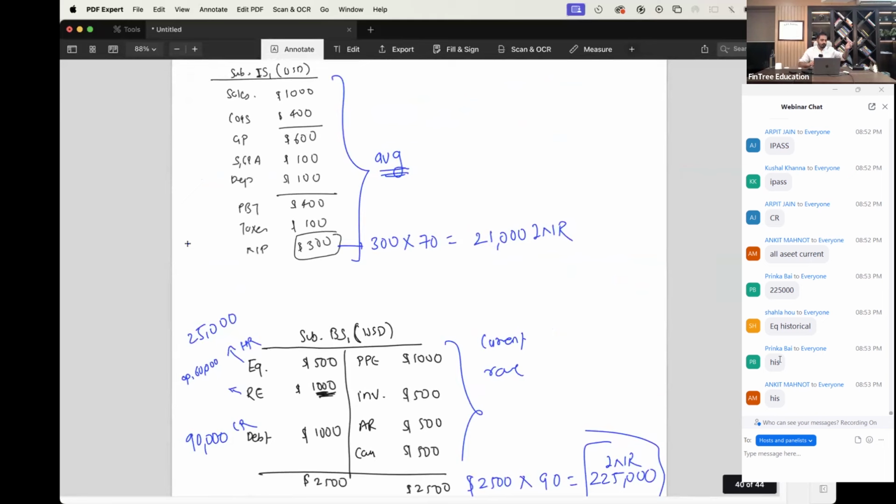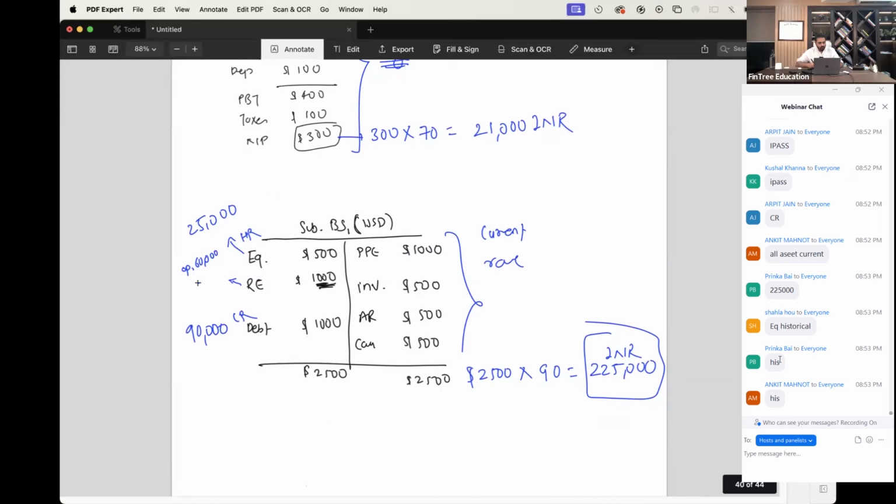So if I've done business for 10 years, opening retained earnings is a weighted average of the average rates of the last 10 years. So for all practical purposes, this is given to you.